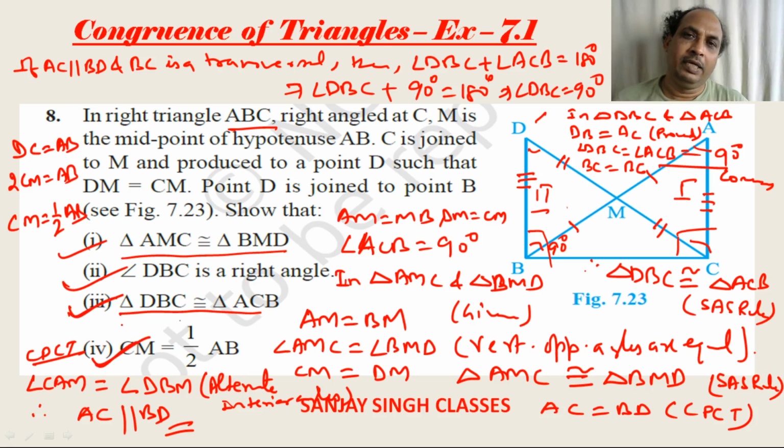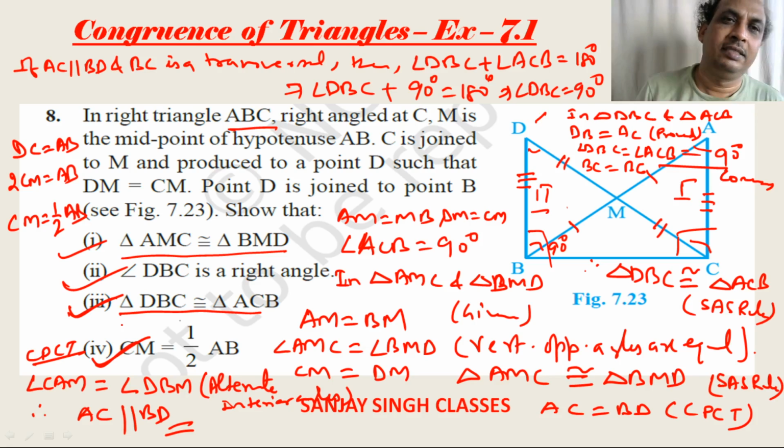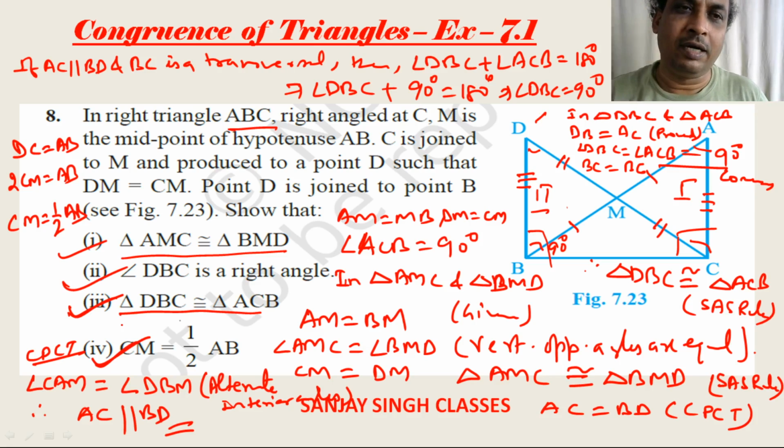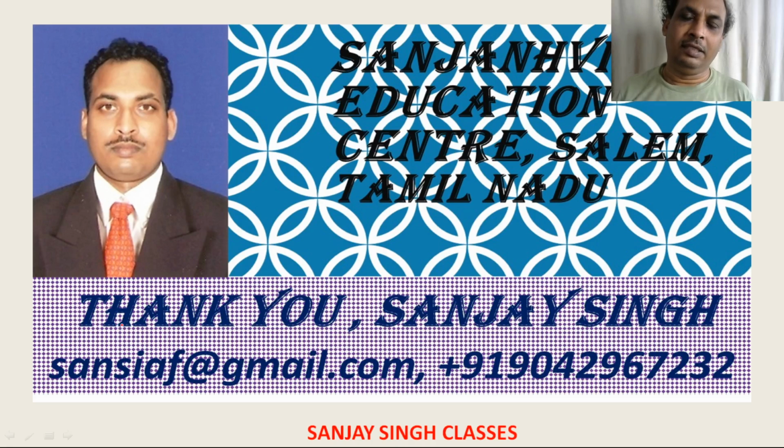So in this way, we have seen how we are utilizing the different rules of congruence to solve the problem. We have not used till now the SSS rule, that is side side side rule, and the RHS rule.